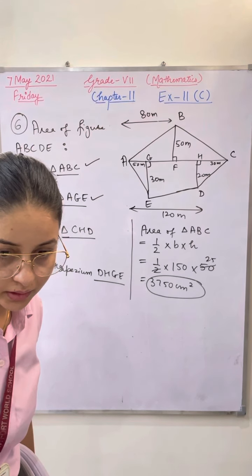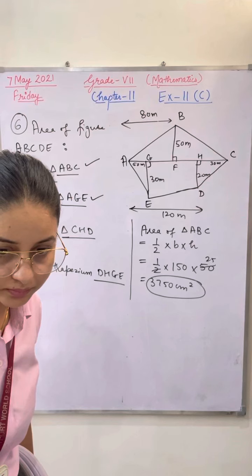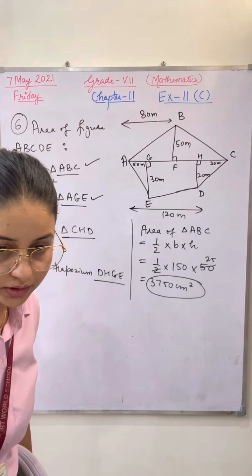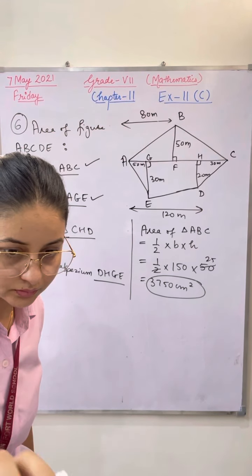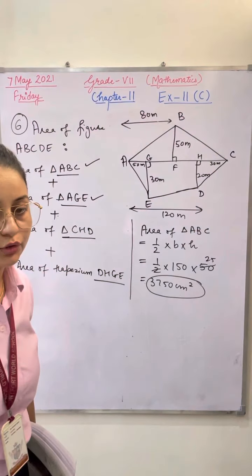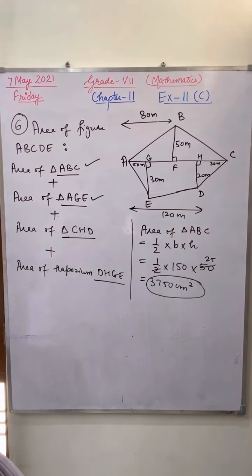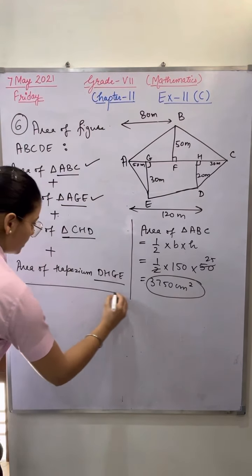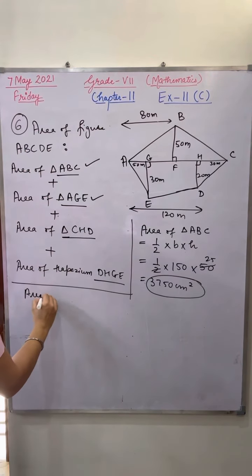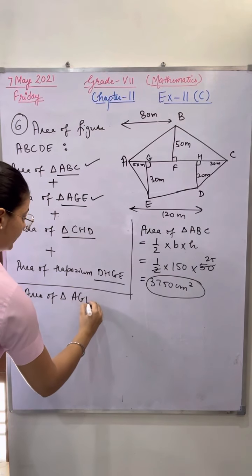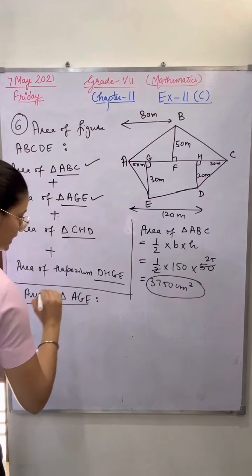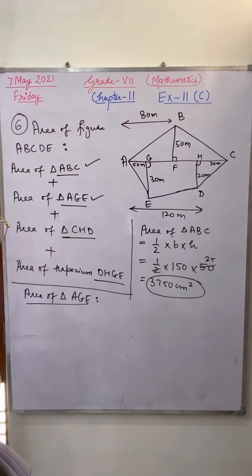Just wait. Harshit, you tell me first of all. Harshit, unmute yourself quickly. I'm going to take out the area of triangle AGE. AGE is a right angle triangle, right? Okay, tell me the area of this triangle quickly.